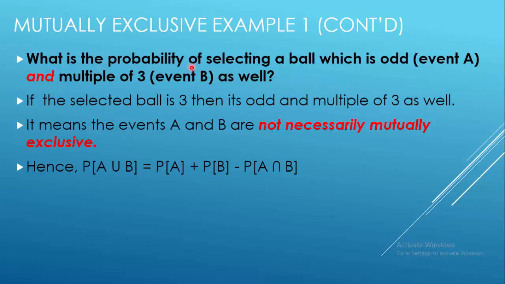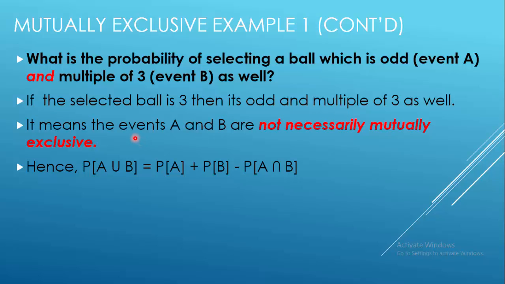What is the probability of selecting a ball which is odd and a multiple of 3 as well? Here the events are not mutually exclusive. If the selected ball is 3, then it is odd and a multiple of 3 as well.